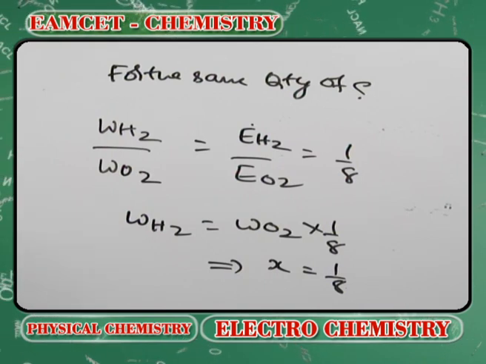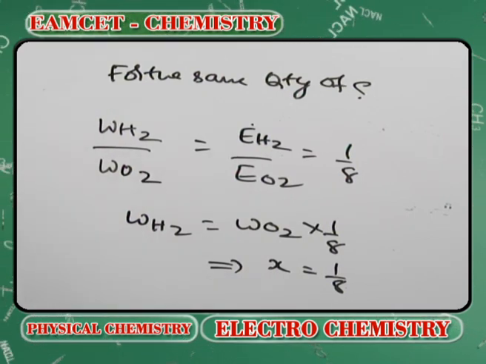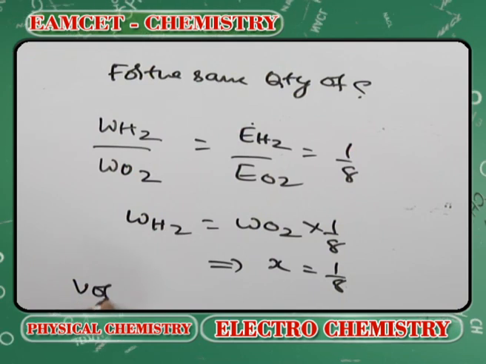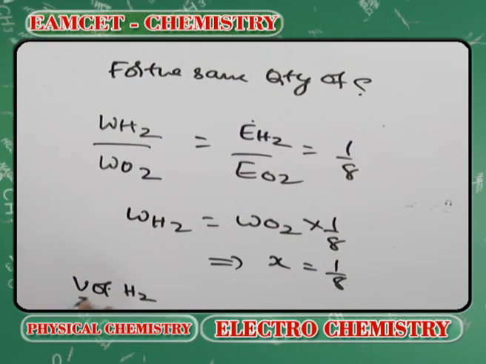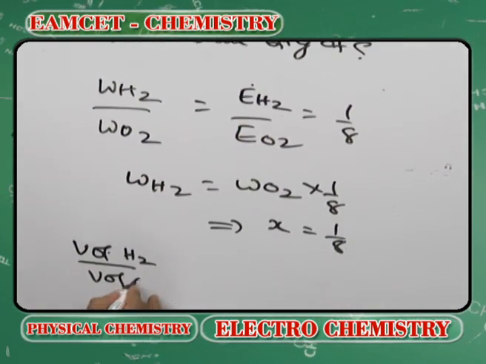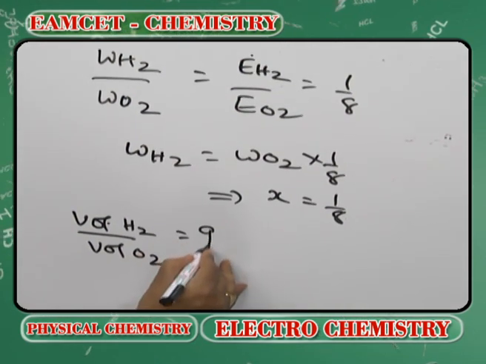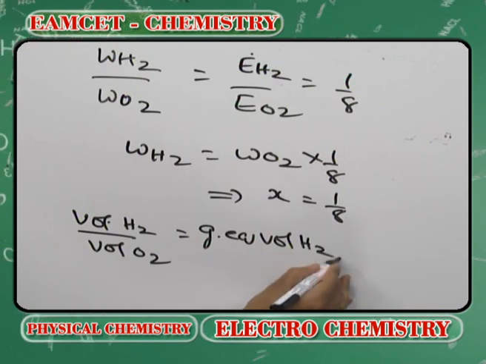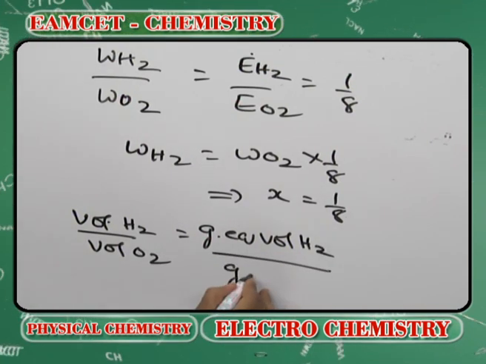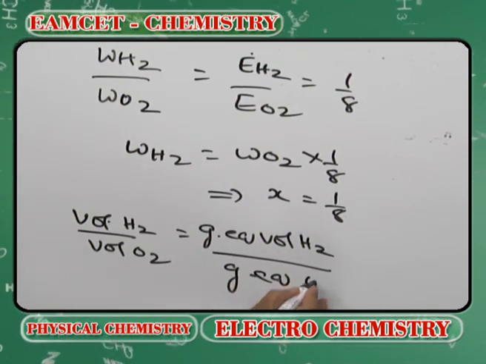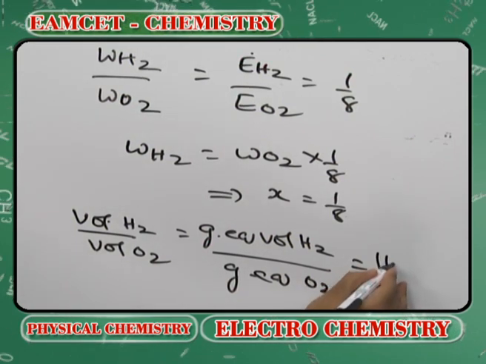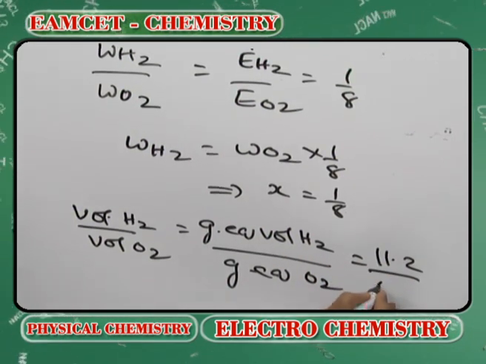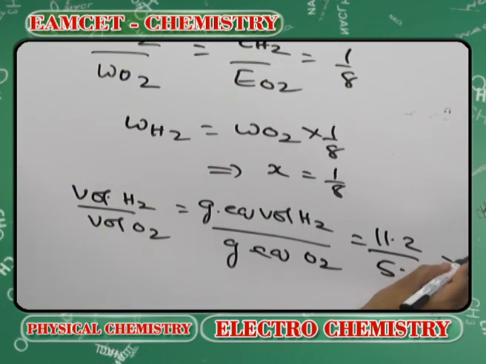Now, what is the other thing? Volume of the hydrogen by volume of the oxygen will be equal to gram equivalent volume of the hydrogen by gram equivalent volume of the oxygen, which is equal to 11.2 by 5.6. This is equal to 2.